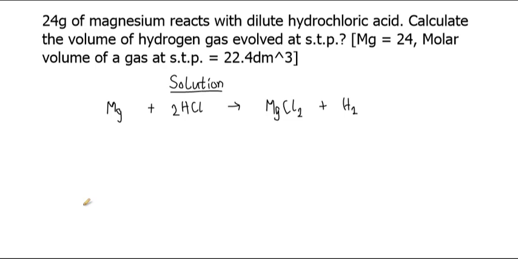Now we are being asked to calculate the volume of hydrogen gas, and we are given the mass of magnesium that reacted with hydrochloric acid. So the elements we'll be comparing in our stoichiometric relationship will just be magnesium and hydrogen gas alone.